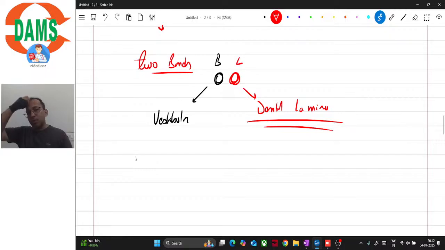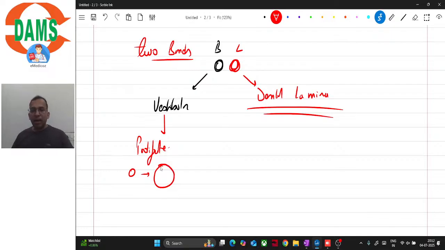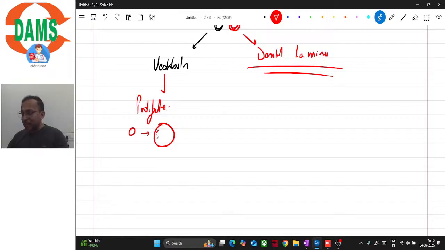So what will happen now? This vestibular band, it would proliferate. So when it proliferates, what will happen? It will become thick, right? Its size increases. Once its size increases, it undergoes apoptosis.